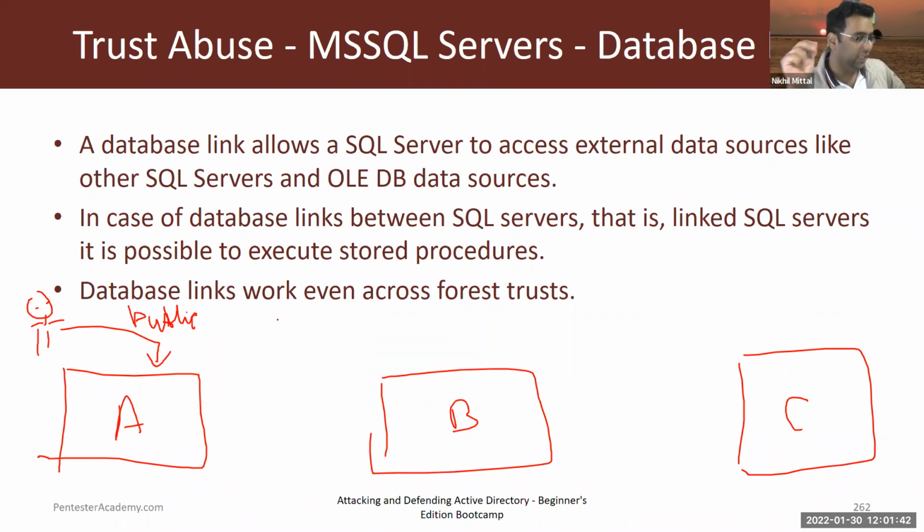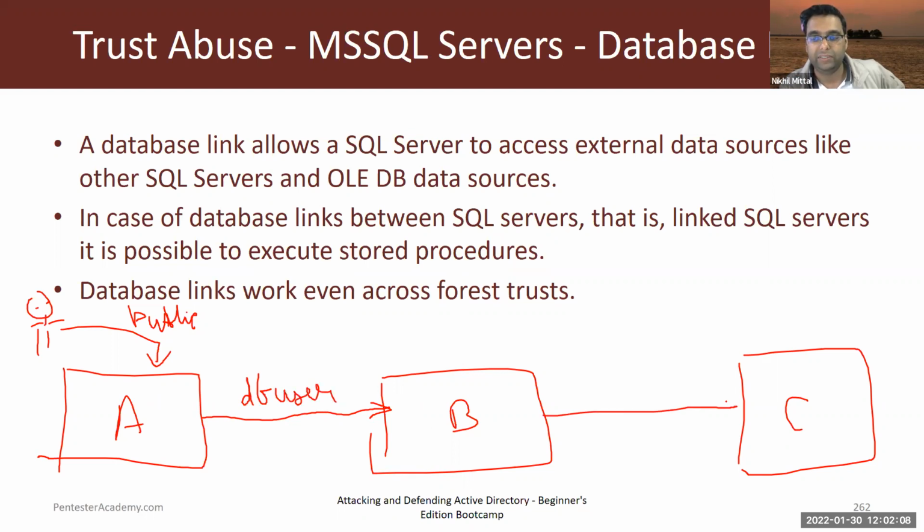Now, SQL Server links are direct TCP links that you can create between SQL servers to access other SQL servers or OLE DB data sources. So this means that if there is a SQL Server link between server A and B, and let's say the privileges you have here are for a database user called DB user, and from B to C, let's say you have privileges as sysadmin, the built-in sysadmin SA.